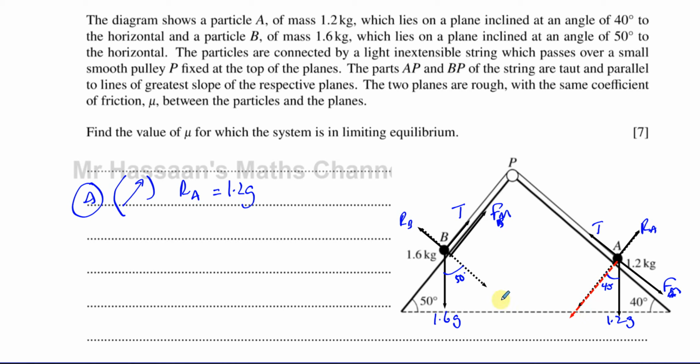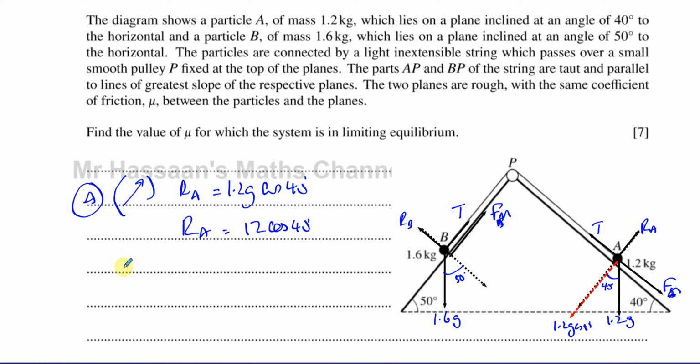That's going to be using cosine, so that's 1.2g cosine 40. So RA is equal to 1.2g times cosine of 40. That's the reaction force at A. As we're using g as 10, that's going to be 12 cosine 40, and I'll leave it like that for now. We can deal with the exact value later.